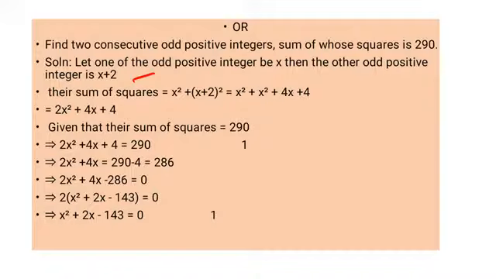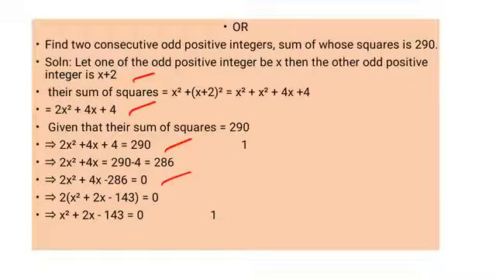Their sum of squares is equal to 2x square plus 4x plus 4. Given that their sum of squares is 290, so 2x square plus 4x plus 4 is equal to 290, or 2x square plus 4x minus 286.